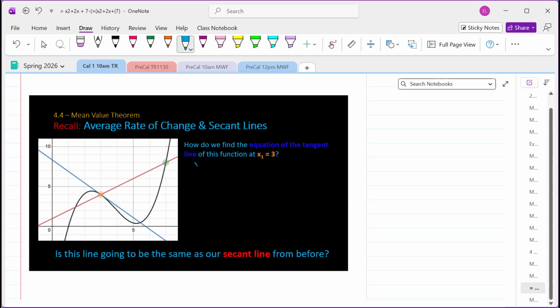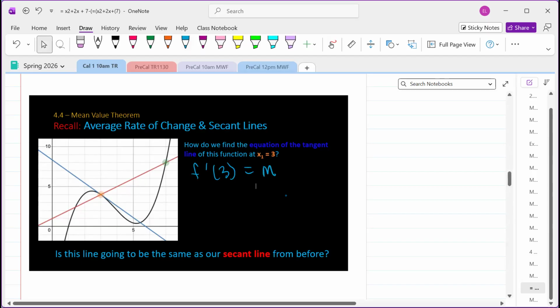So we'd figure out the derivative and plug in 3. This would be the slope. And then we would use the slope and the point to find the equation. So we'd have to find the derivative. Is this line going to be the same as our secant line? No, they are vastly different.